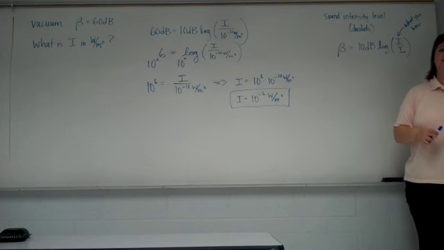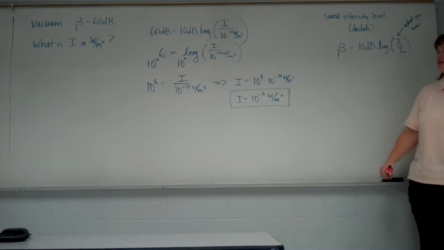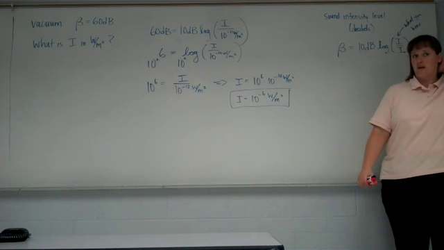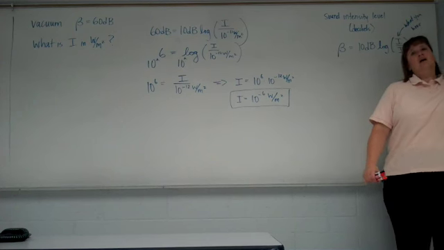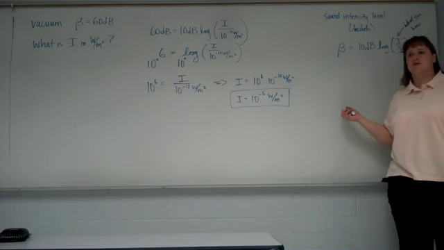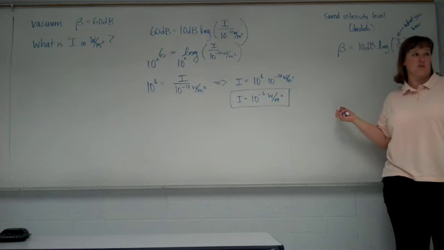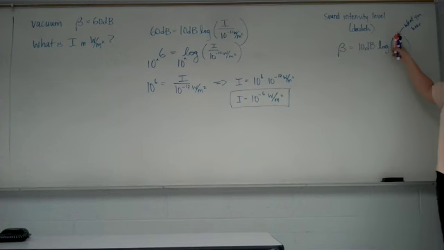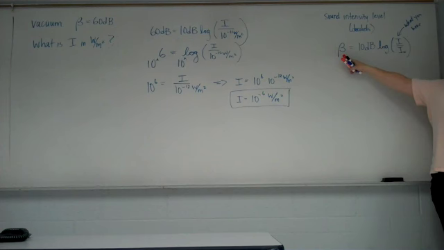So in watts per meter squared, a 60 decibel sound, in this case if it's a vacuum cleaner, is 10 to the negative 6 watts per meter squared. Okay. Now, if you remember just a minute ago, we said the point where your ears start to hurt is at 1 watt per meter squared. If you put in 1 for your intensity, you get out 120 decibels.